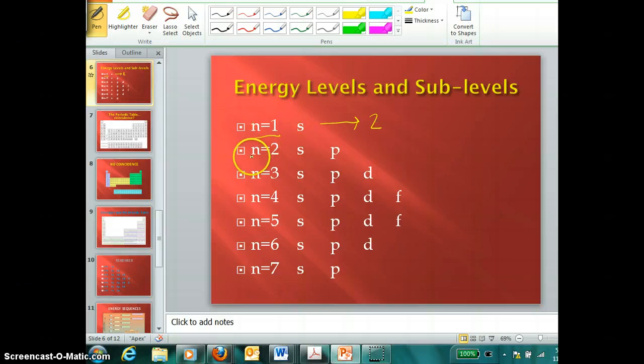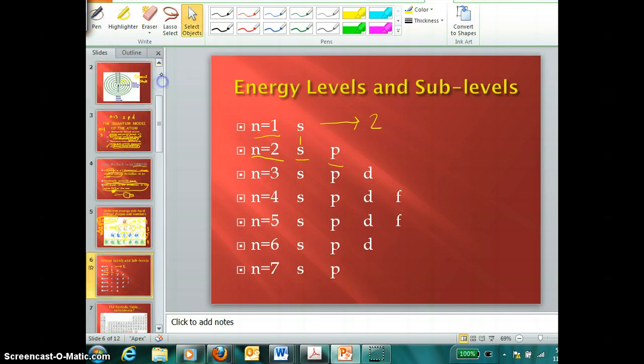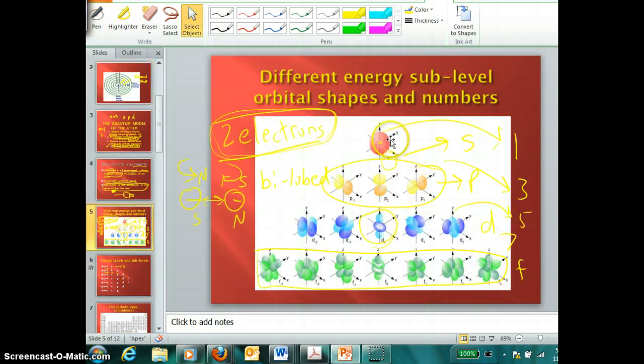Then, of course, if we move outward, away from the nucleus, there's more space. We have more room. And in the second principal energy level, there are 2 sublevels, S and P. Now don't forget, an S sublevel has only one spherical orbital. If I back you up and show you, there it is.